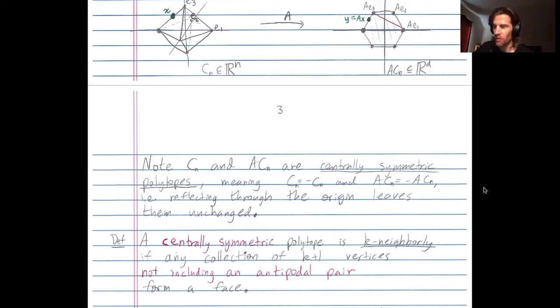All right, let's do some examples. This polytope on the right is 0 neighborly. Every vertex is a face. Every collection of one vertex gives a face. It is not 1 neighborly, because here are 2 vertices which are not antipodal, and the edge between them is not a face of this polytope. It's not on the boundary. This cross polytope on the left, this is in fact 2 neighborly.